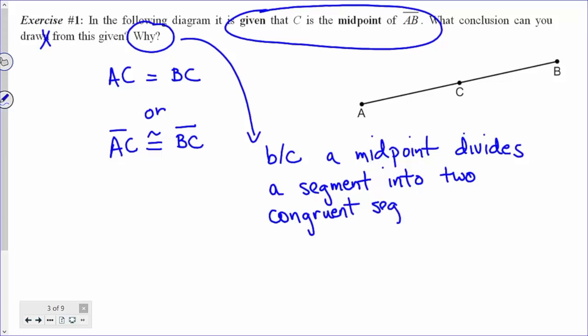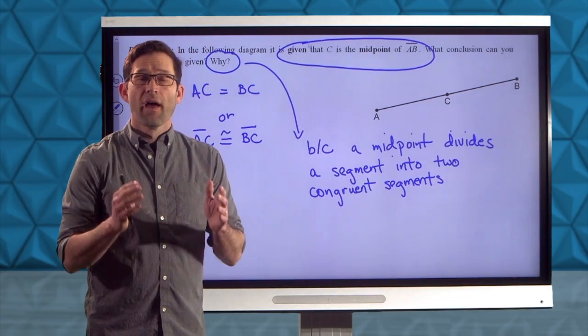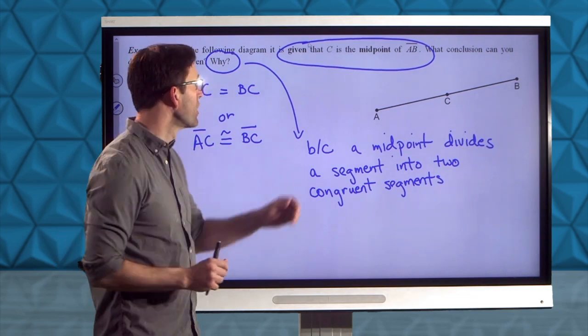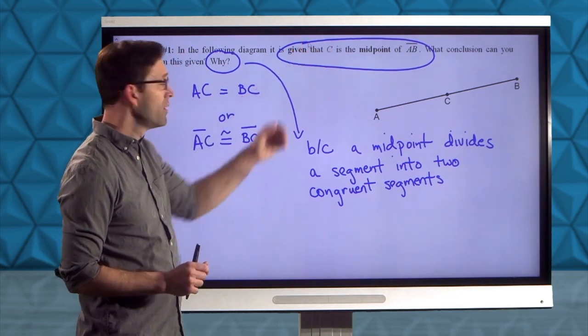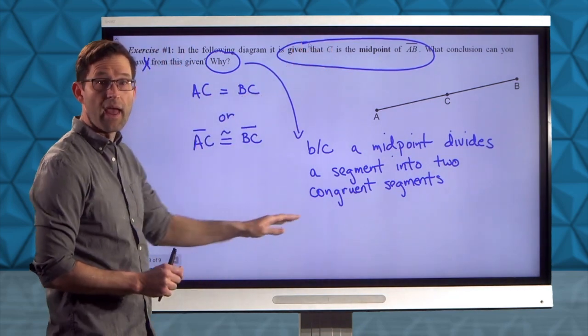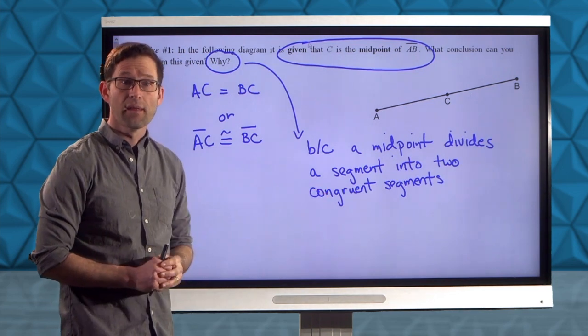It's that simple. A midpoint divides a segment into two congruent segments. That's what's known as a reason. This is a given, this is a statement, and this is the reason for that statement.